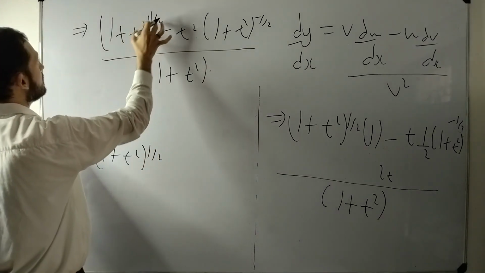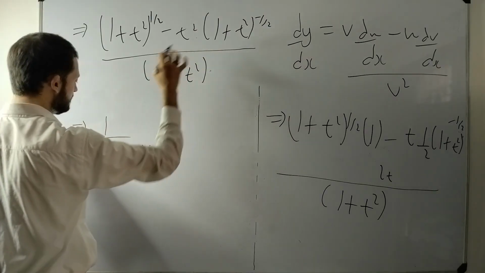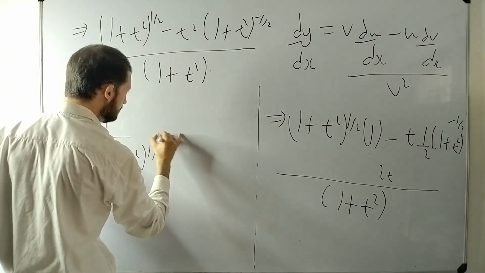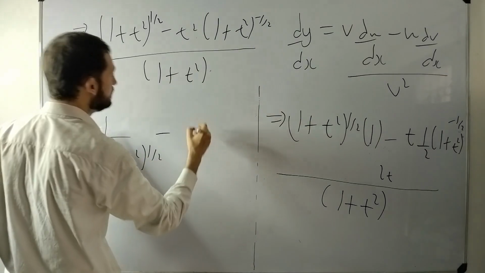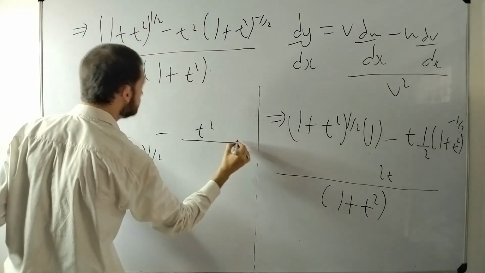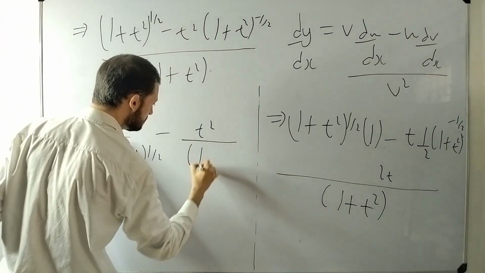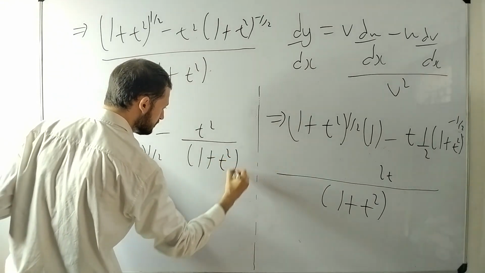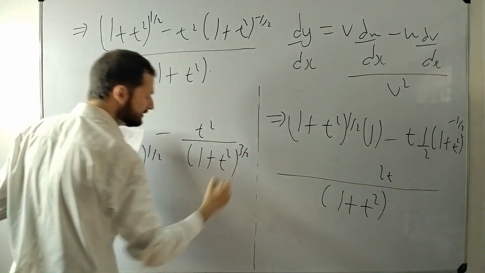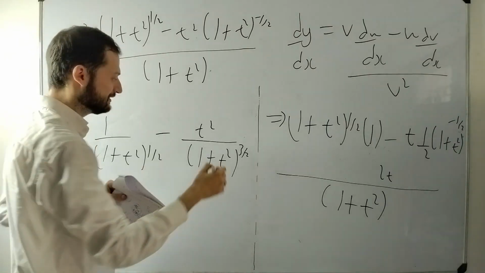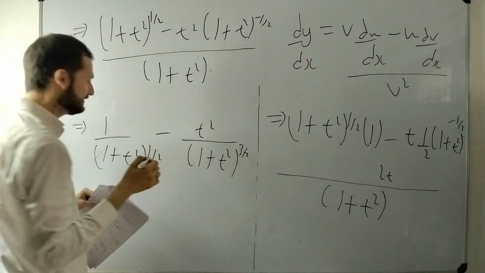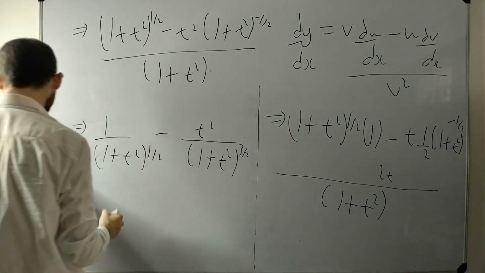Yes, sir, because half is being subtracted from here and it gets 1 by 2. So this becomes what, student? Minus t squared, (1 plus t squared) to the power 3 by 2. Everyone can solve powers, right? Definitely, sir.